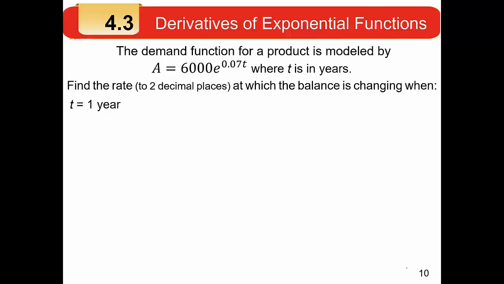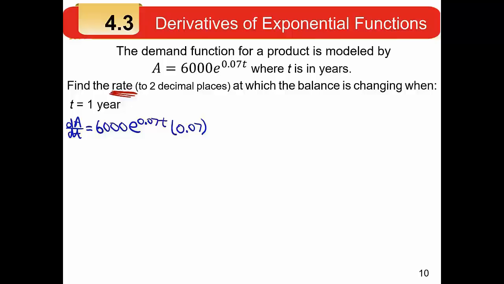Well, they ask about the rate. Anytime you have a rate of change, you're going to take a derivative. If you have a number times the function, the derivative is just the number written down times the derivative of the function. So you just write the 6,000 down and multiply by the derivative of e to the 0.07t.